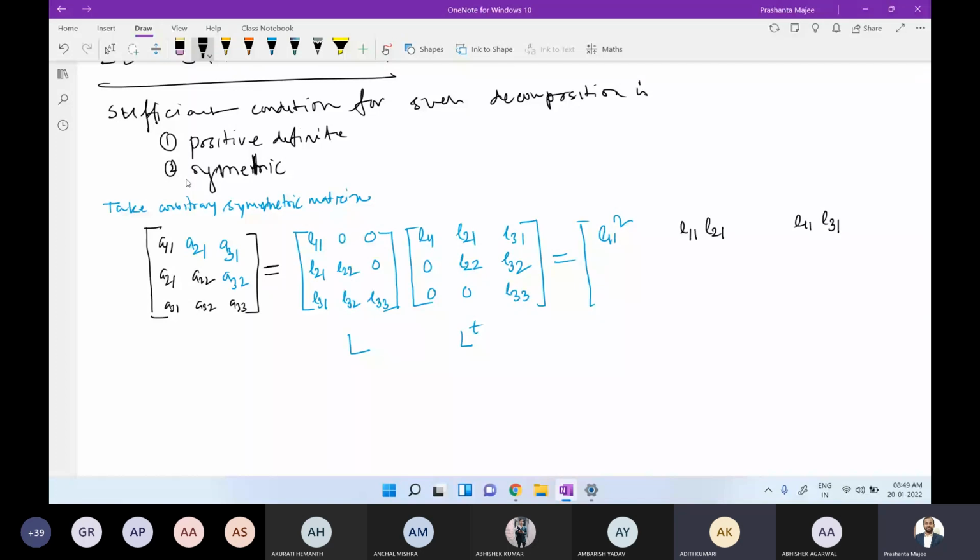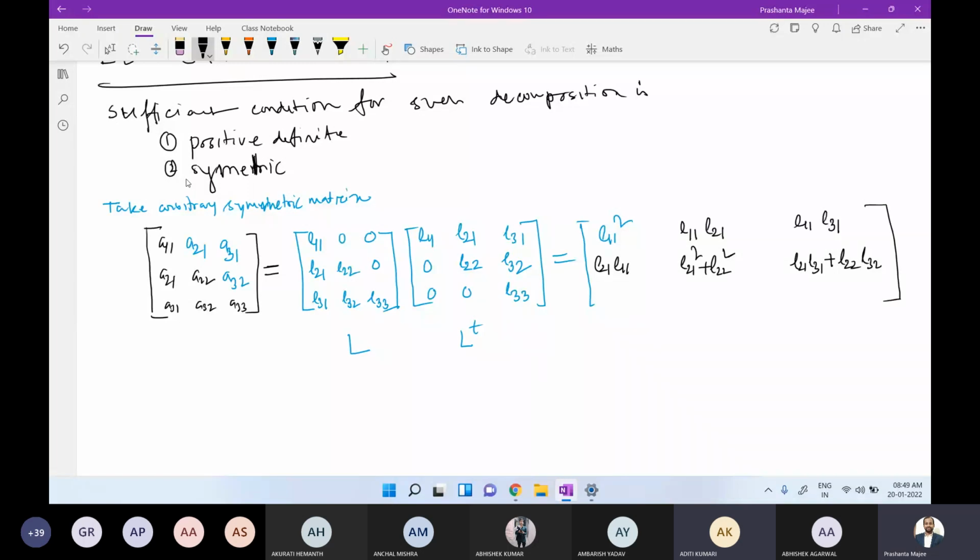So that will be L21 into L11, then L21 square plus L22 square, and the third element will be L21 L31 plus L22 L32.